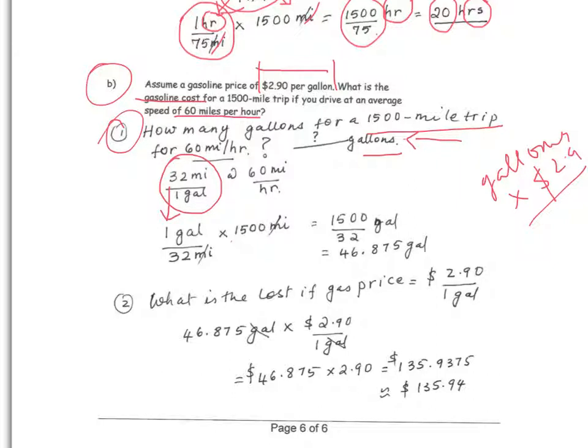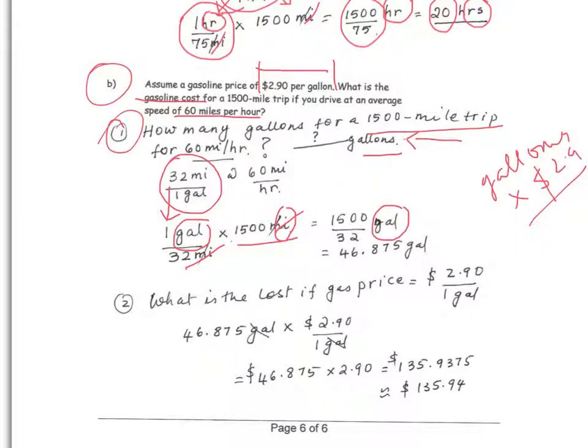We multiply it with miles. Our 1500-mile trip has miles as the unit. We multiply it, so that cancels off the miles with the miles. And we're left with gallons in the numerator, and that gives us the unit for our final answer.